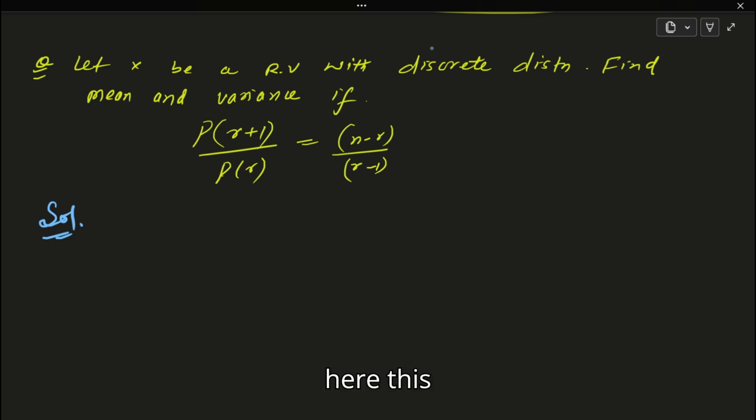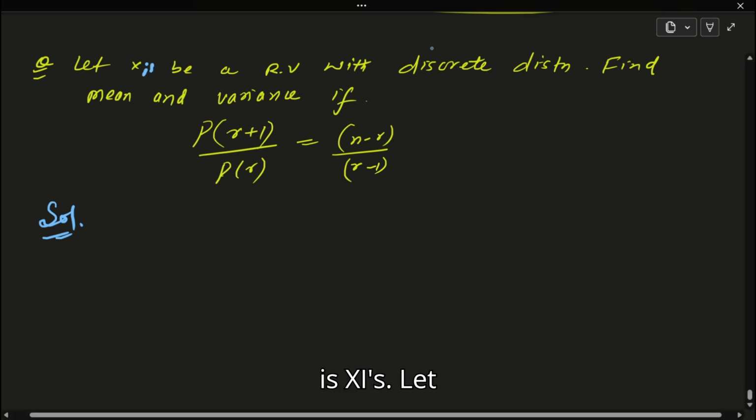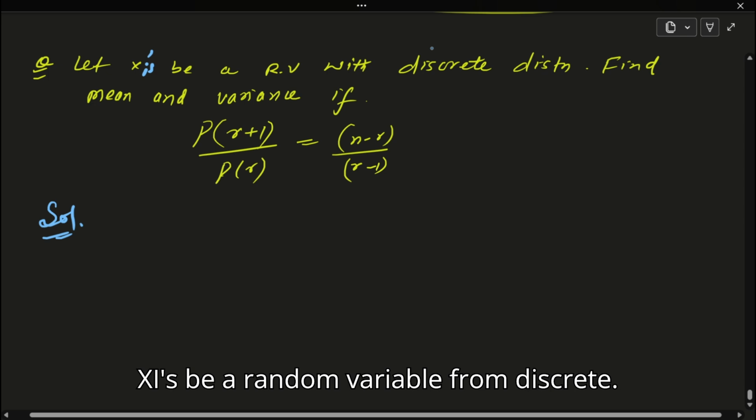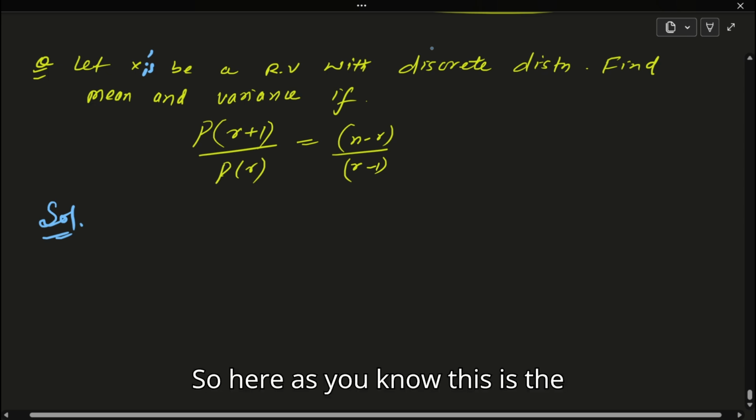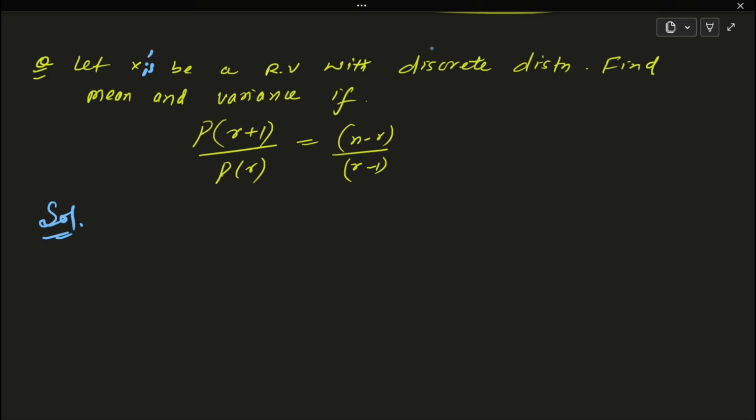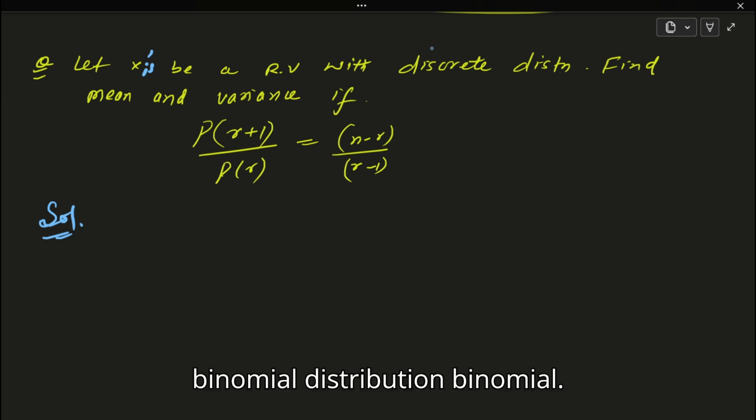So here, let xi be a random variable from a discrete distribution. As you know, this is the recursive relation of the binomial distribution. What is the recursive relation in the binomial distribution?